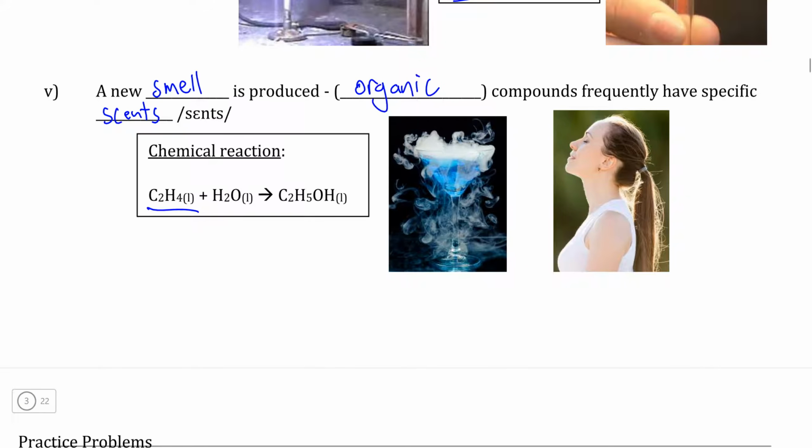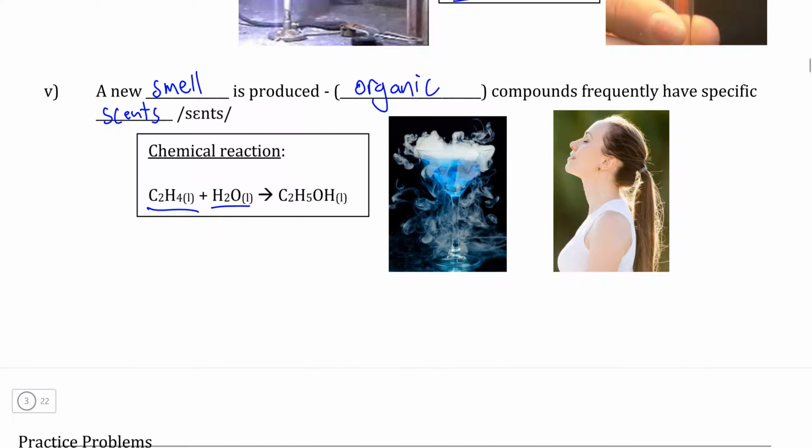C2H4 is a relatively unexciting example of what we call a hydrocarbon, which is a simple organic compound that doesn't really have any scent at all. And of course, water is famous for its lack of scent whatsoever.